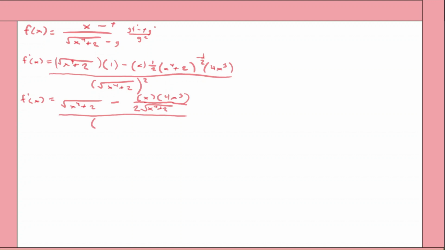But if you'd like, since we know that if we square a root, it kind of undoes the root, this is technically just going to be x to the 4th plus 2. Okay, and keep in mind too, this is technically going to be a 1 here, just so it's easier to simplify later, but we really want to start working on this side first.